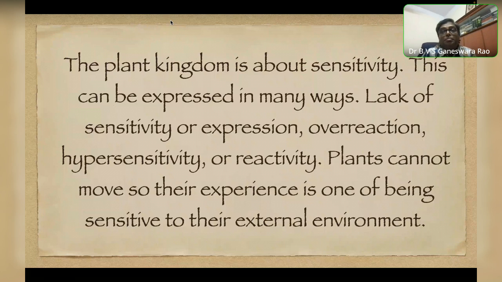So to understand the plant kingdom, Dr. Sankaran's books will help you. And the source information, especially, you can get from Frans Vermeulen's literature. It's a very good idea to go through Frans Vermeulen's literature.